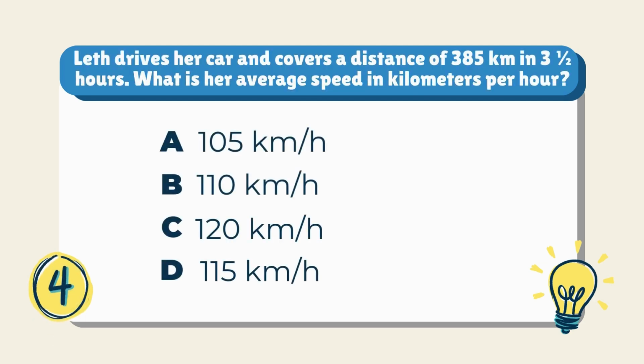Question number 4. Leth drives her car and covers a distance of 385 kilometers in 3.5 hours. What is her average speed in kilometers per hour? A. 105. B. 110. C. 120 or D. 115.